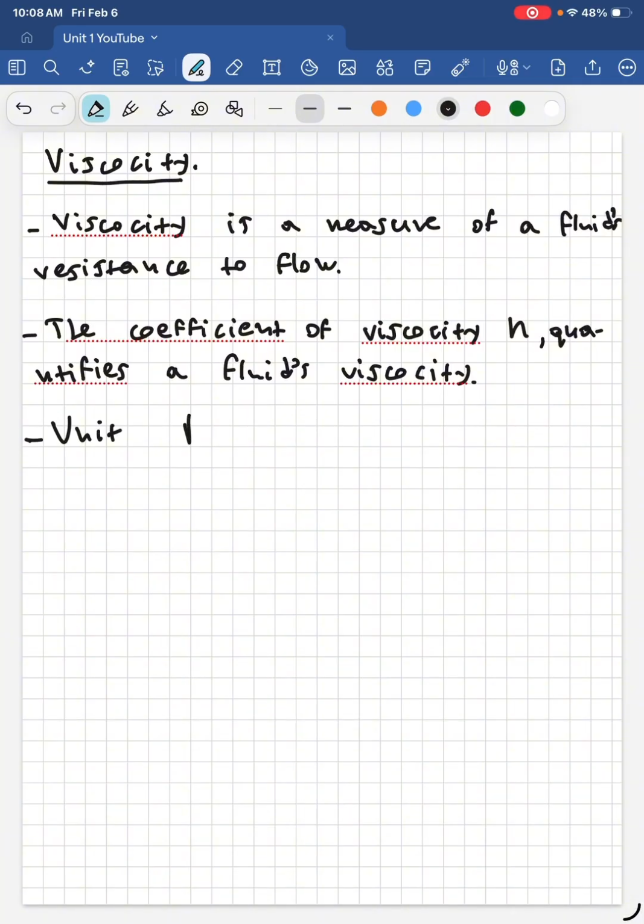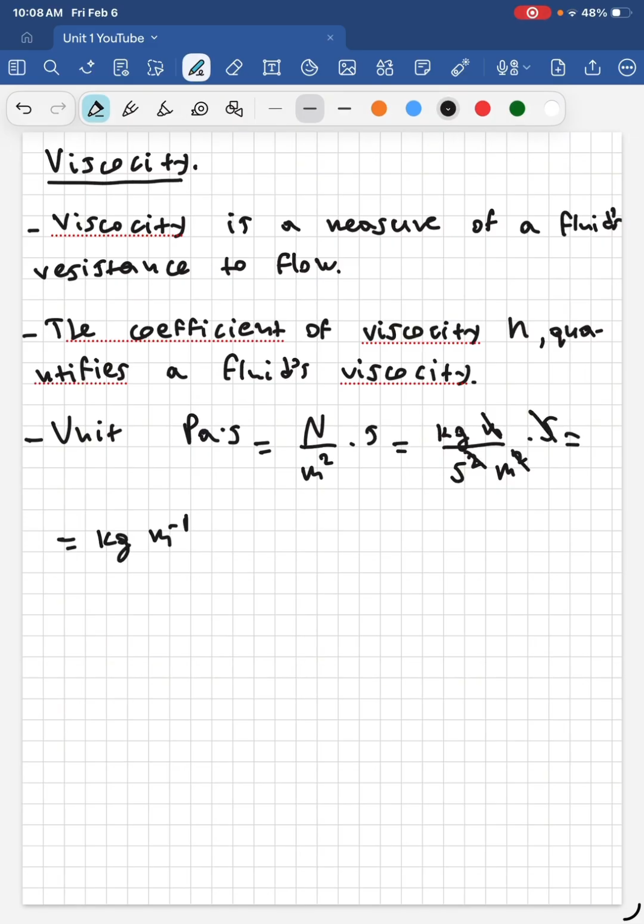So the unit is pascals times seconds for the viscosity. And if we break it down to base units, 1 Pascal is 1 Newton over square meter, and then times seconds. And then 1 Newton is not fundamental either, so we can break it into kilograms times meters over second squared, and then we have the meter squared and the seconds. So this cancels and this cancels. So kilograms, meters to the minus 1, seconds to the minus 1. And these are the base units.